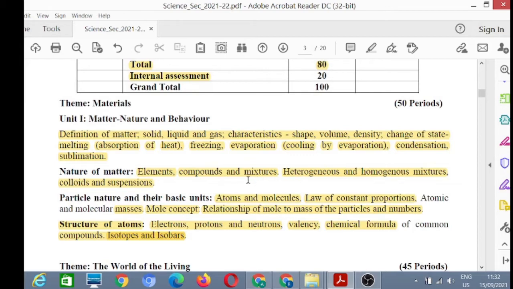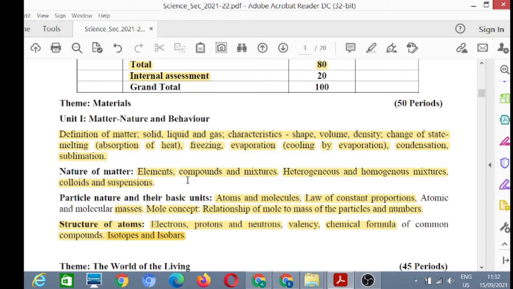So, now what is colloid and what is suspension? Examples of colloids are blood, milk, and when we pass light through colloids, light is dispersed. And an example of suspension is liquid medicine.